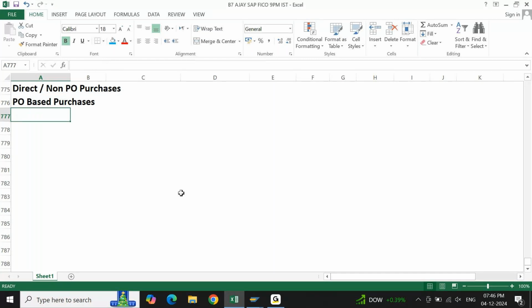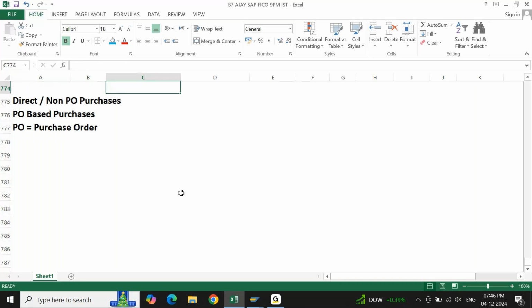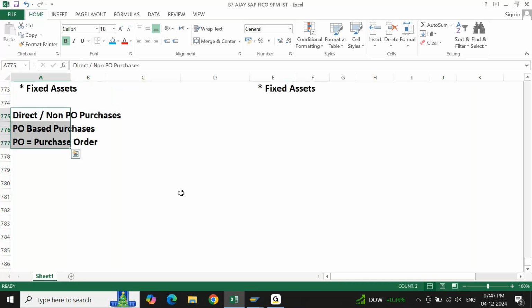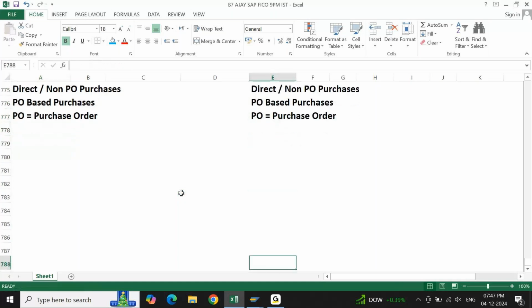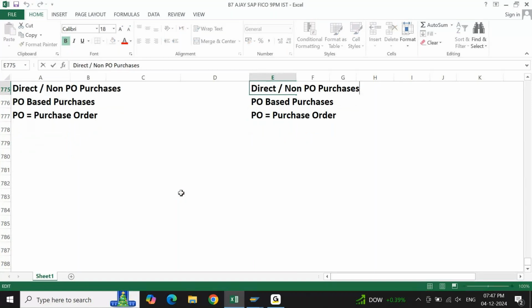When we are talking about PO, what is PO representing? Purchase order. Similarly, if I copy paste this here, I can replace it.